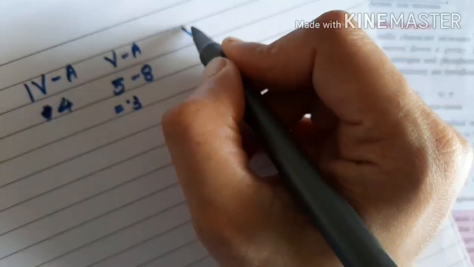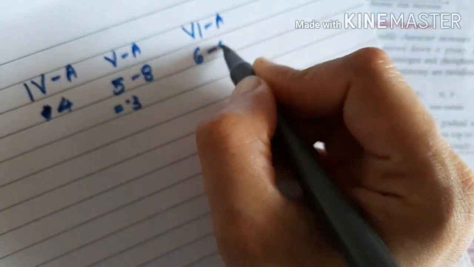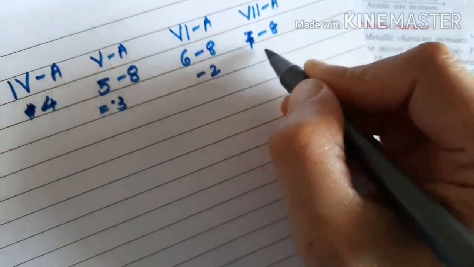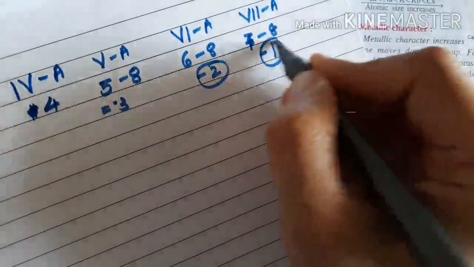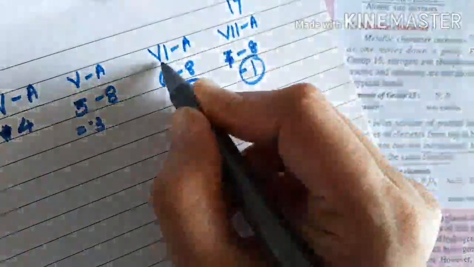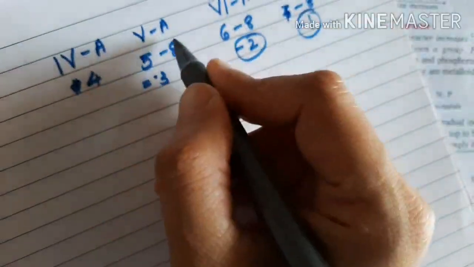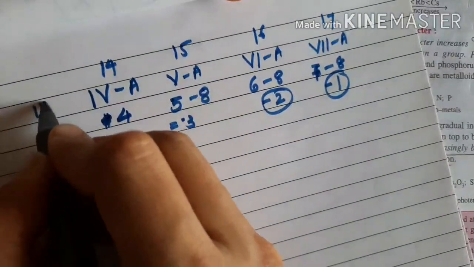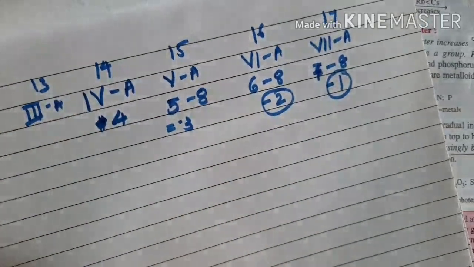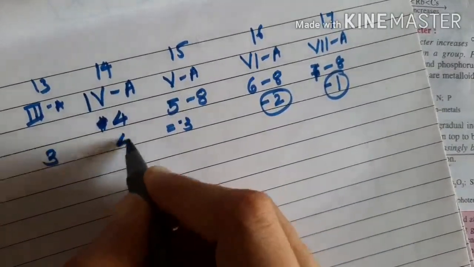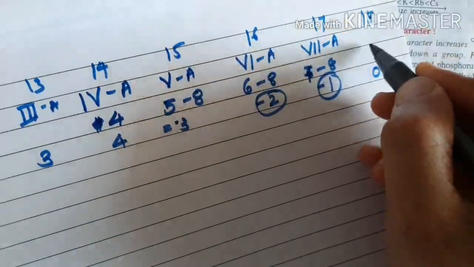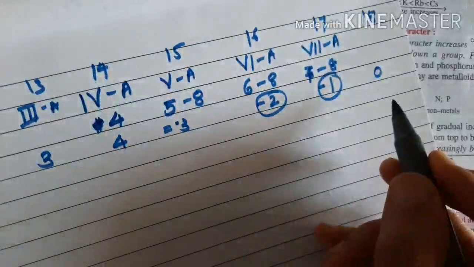Then 6A, 6 minus 8, -2 valency. 7A, 7 minus 8, -1. So this is group 17. 6A is group 16, 5A is group 15, 4A is group 14, 3A is group 13. So here 3 valency, here 4 valency, -3, -2, -1 and 0, because it is group 18. So this is the easiest way you can remember.